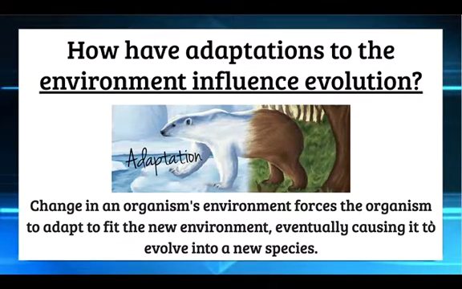So the main idea of this is that when we change an organism's environment, it forces that organism to adapt and fit the new environment, eventually causing it to evolve into a new species. So I'd like you guys to take a little bit of time, think about how a brown bear might be related to a polar bear and what types of changes would have needed to happen in order for that polar bear to evolve into what it is today.